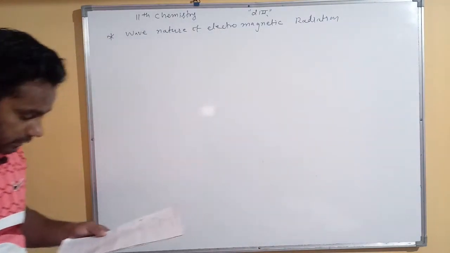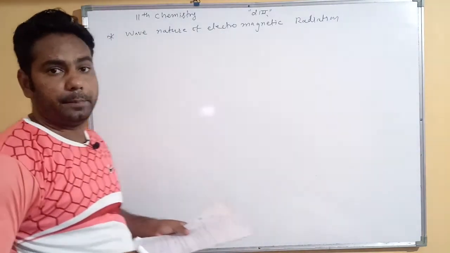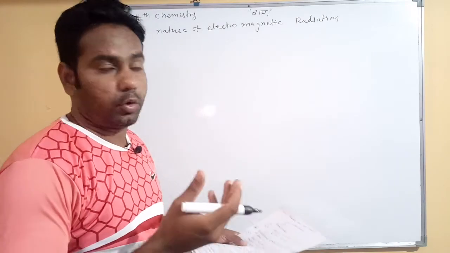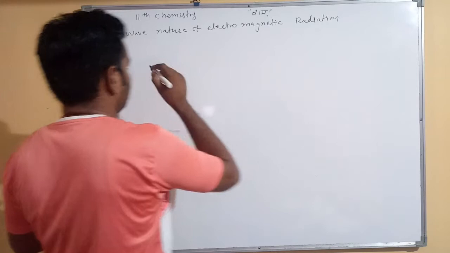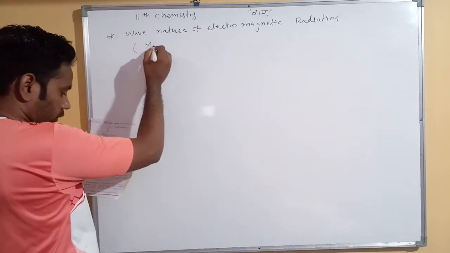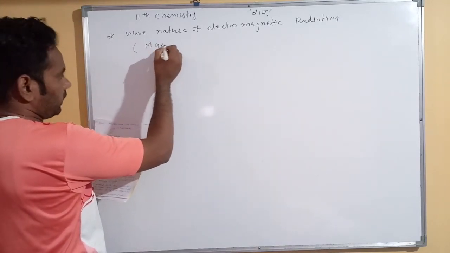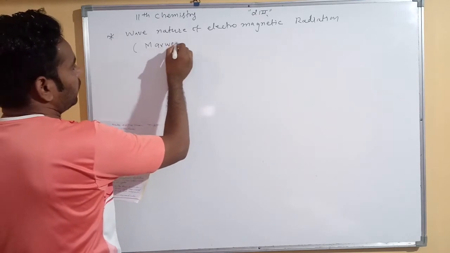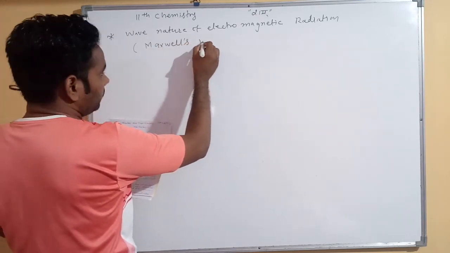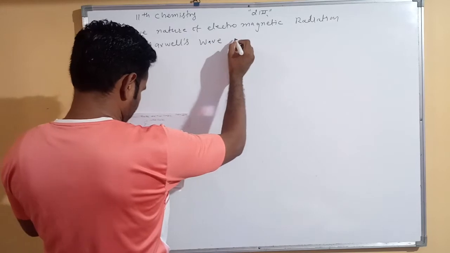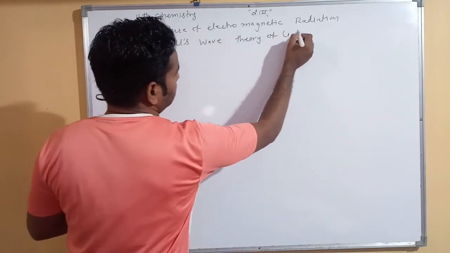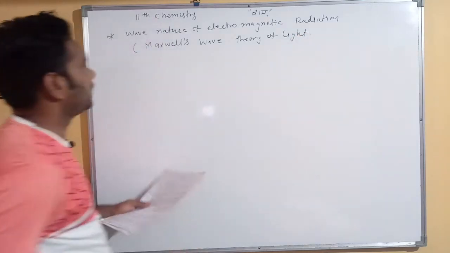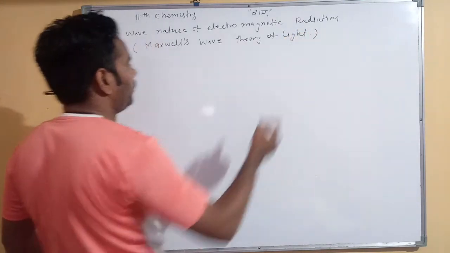This theory was proposed by Maxwell, so it is also called Maxwell's wave theory of light.